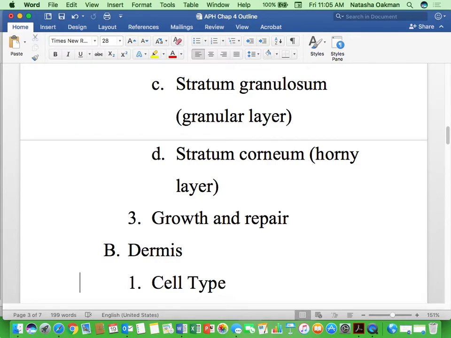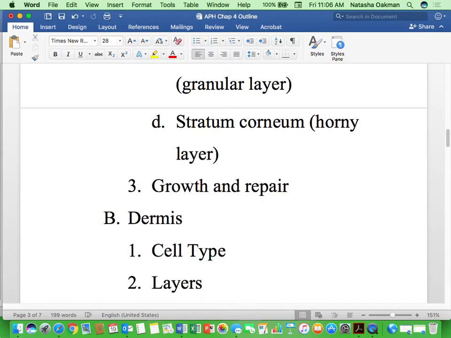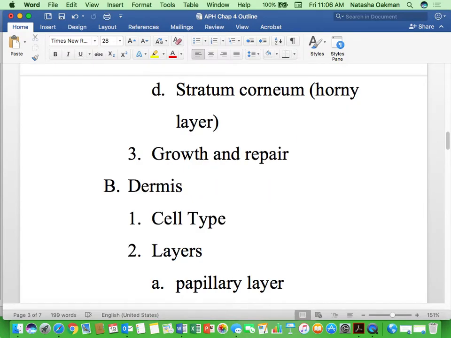In particular, it's dense fibrous connective tissue, and it has two distinct layers. The upper layer, the outermost layer, is the papillary layer.